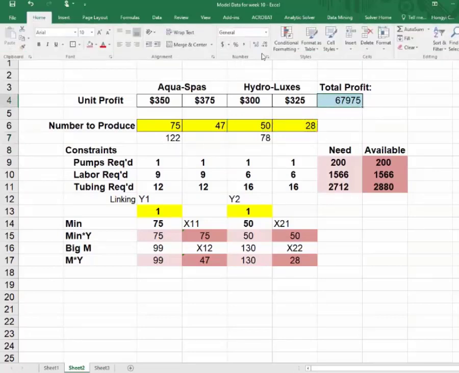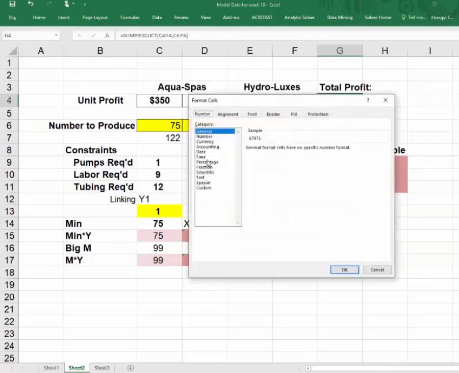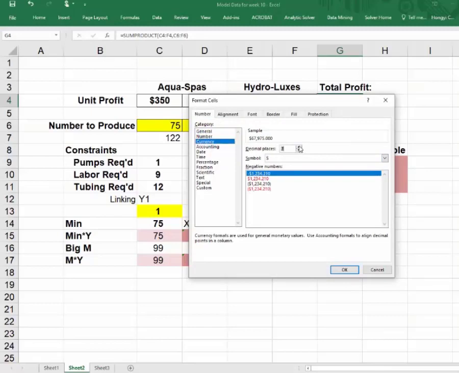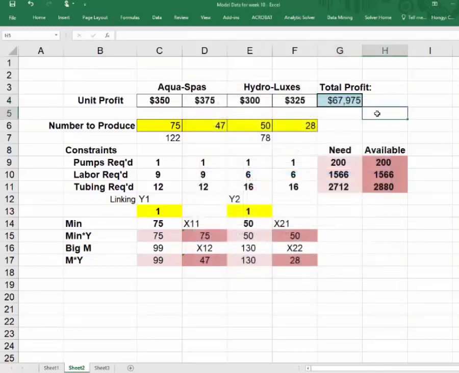And if you want to do some cosmetic work to make the number format, everything look better, then feel free to do so. But this is the solution. So we are going to make 122 buses and 78 hydrolysis. This is the total profit. And those different levels of profits are achieved by the different numbers produced here.